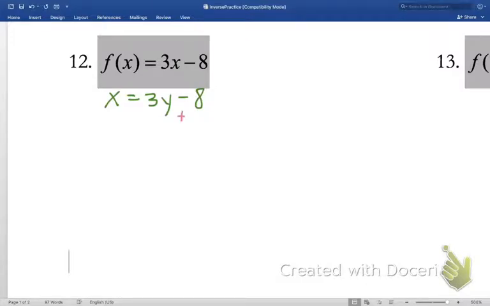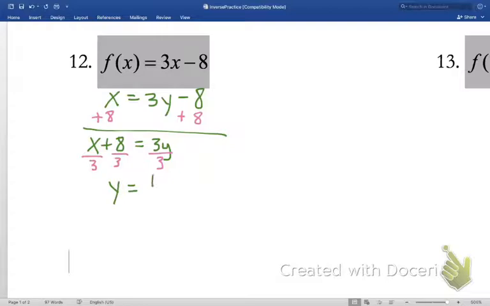That's easy enough. So the first thing I'm going to do is add that 8 to the other side, and we get x plus 8 equals 3y. Now how do we get y by itself? It's kind of crazy, but yes, we divide everything by 3. So we get y equals 1/3 x plus 8/3.